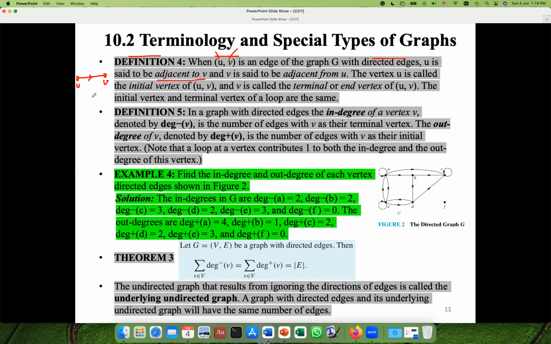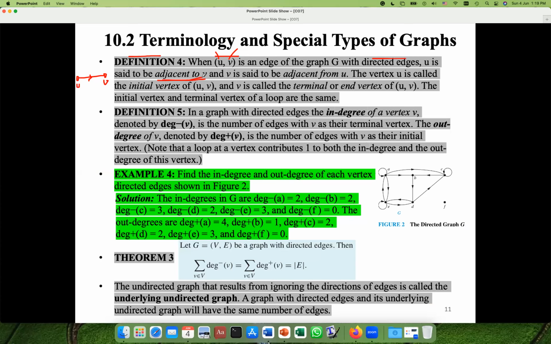You can say that U is adjacent to V, or V is adjacent from U, due to this direction. You will find things like that in the textbook, if you are reading the textbook.